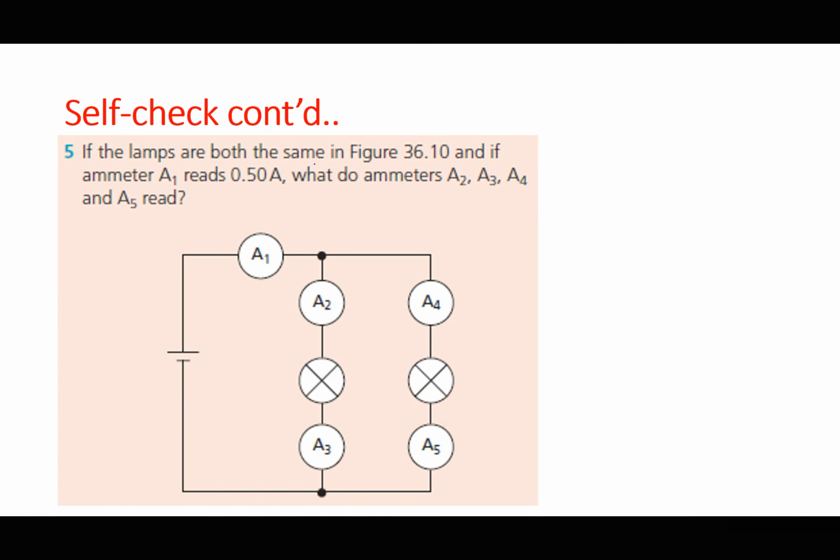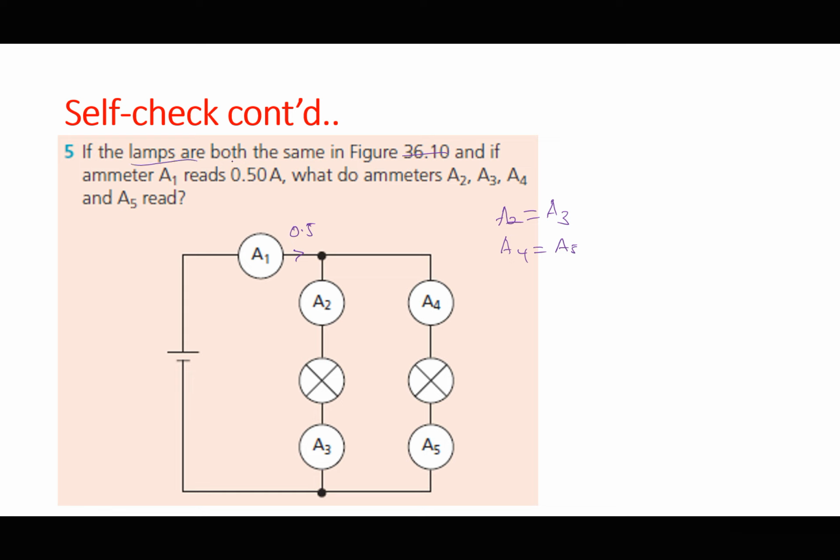If the lamps are both the same in the figure, and if ammeter A1 reads 0.5 at that junction, what do ammeters A2, A3, A4, and A5 read? Of course, ammeter A2 is going to read the same as ammeter A3 because they're in series. And ammeter A4 is going to read the same as ammeter A5.